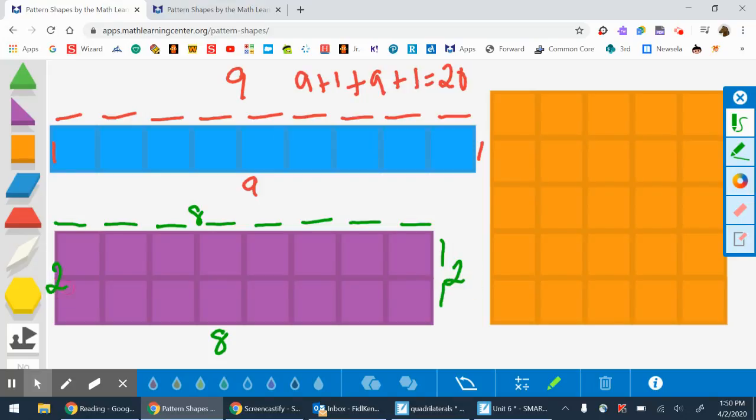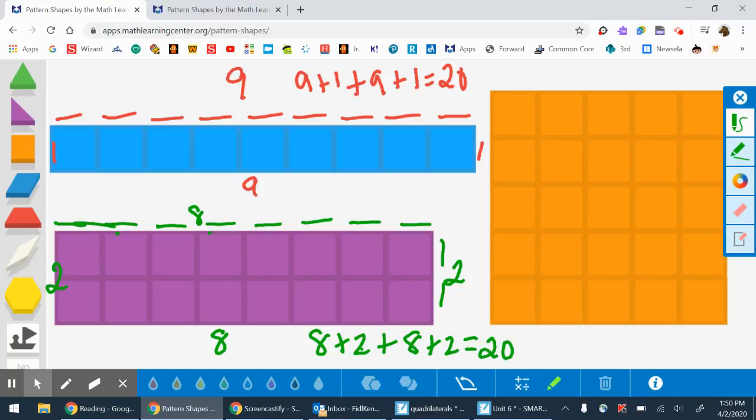So then I have 2 on this side as well. So I could count each and every individual side, or I could do an addition problem. So I'm going to do 8 plus 2 plus the other 8 and 2. Once again, I know 8 and 2 is 10, plus another 8 and 2 is 10, so that gives me a total perimeter of 20.